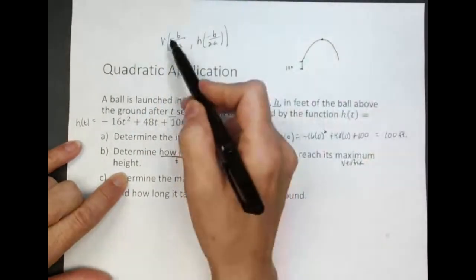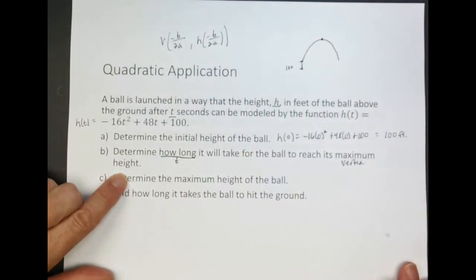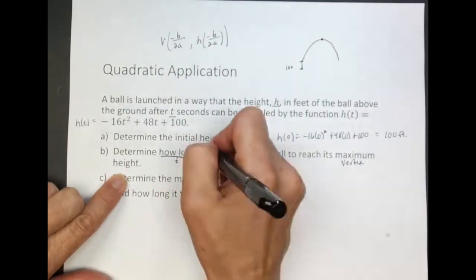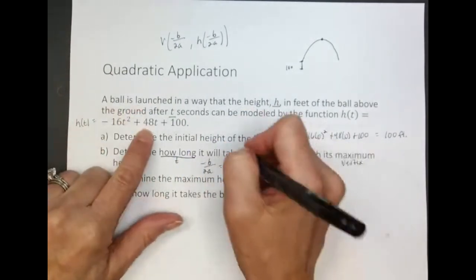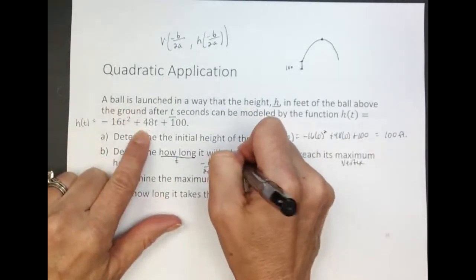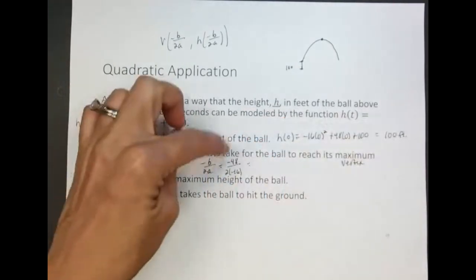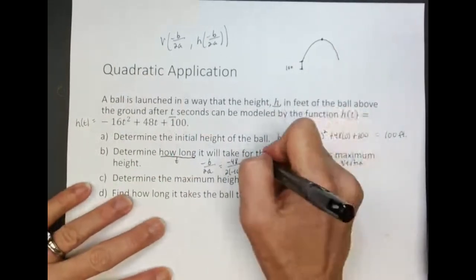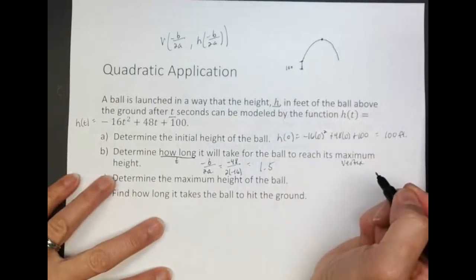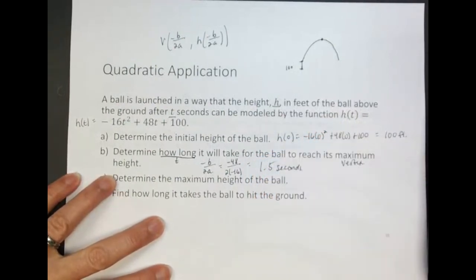So the t, of course, the independent variable, is the negative b over 2a. Let's see what that is. Negative b over 2a is going to be negative 48 over 2 times negative 16. 48 divided by 32, 1.5. So it's only going to take 1.5 seconds to reach its maximum height.